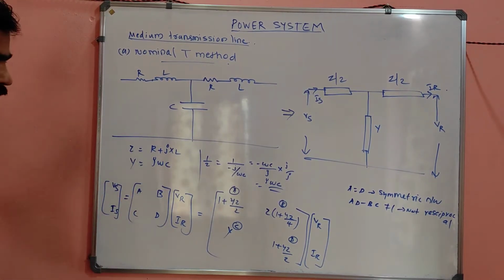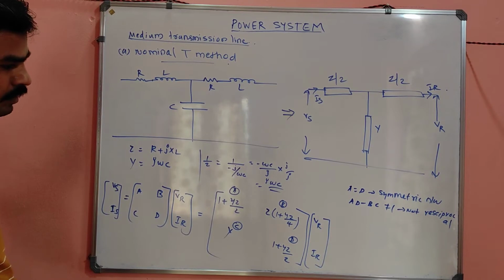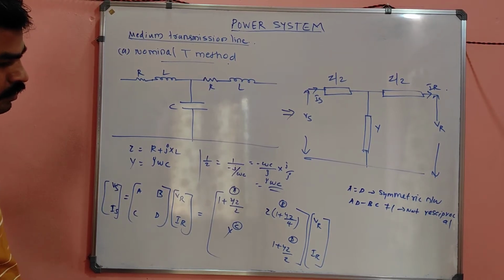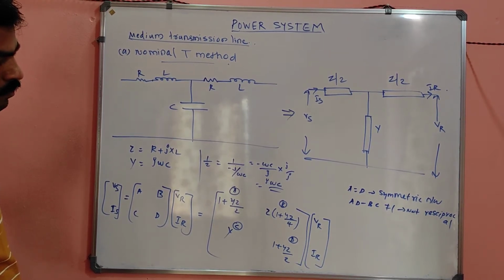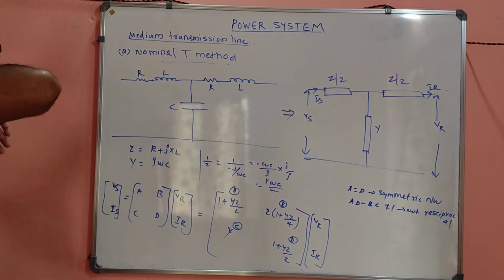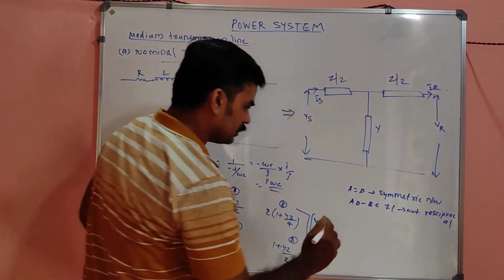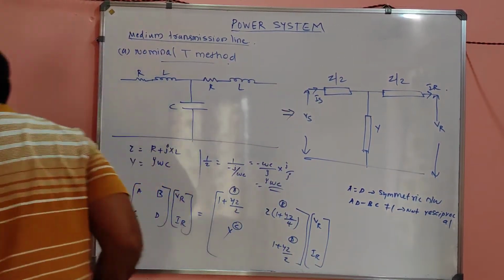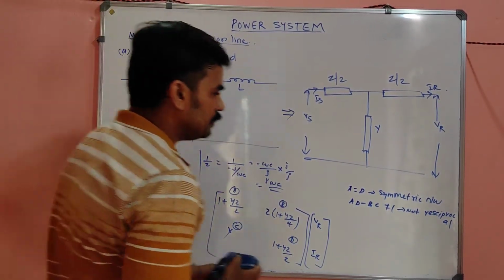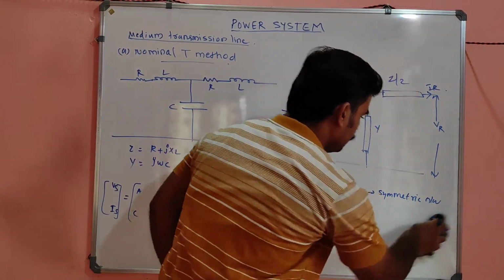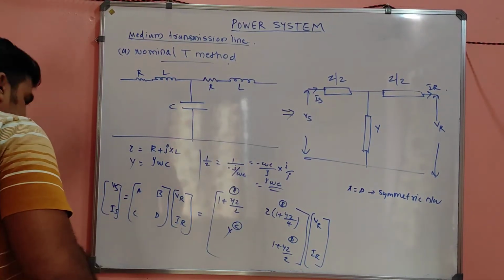Let's check. A and D, of course, it is a symmetric network.